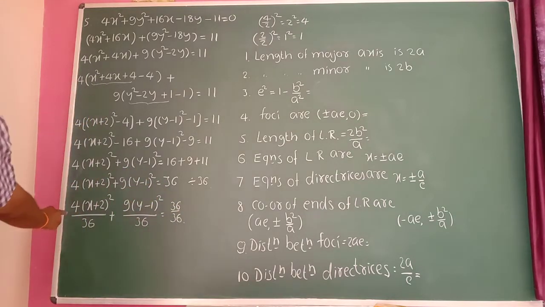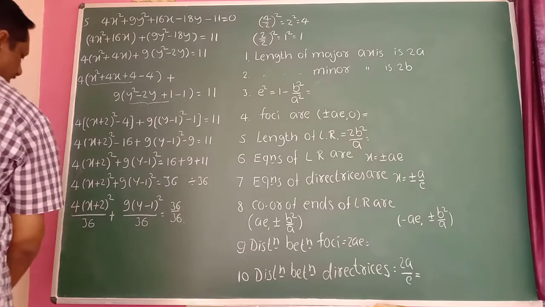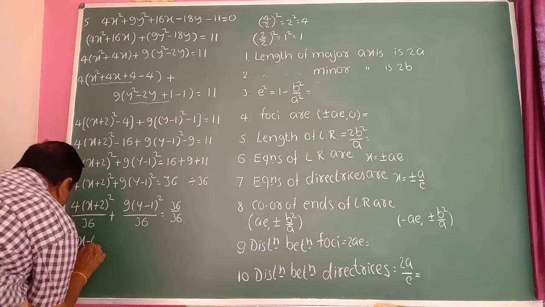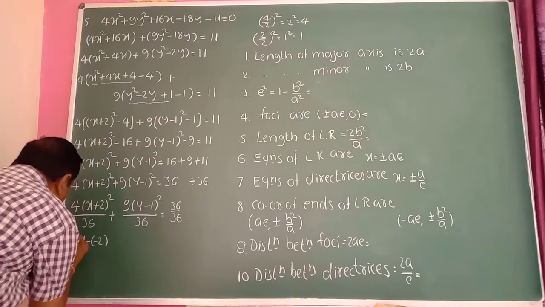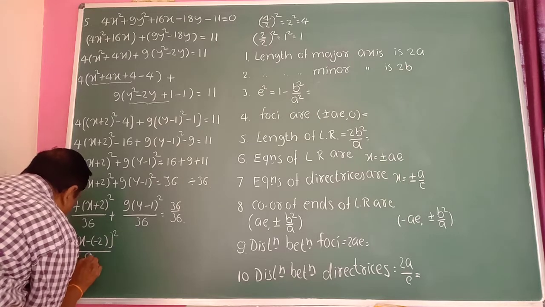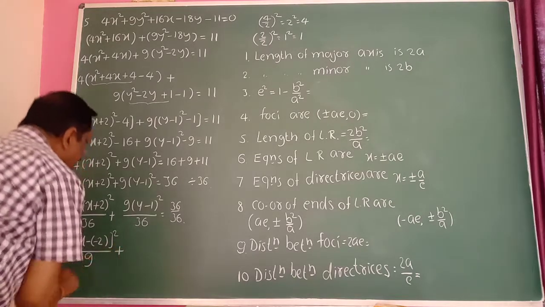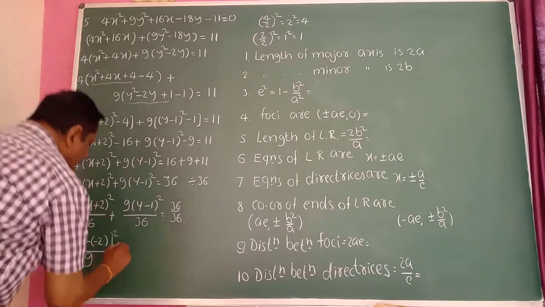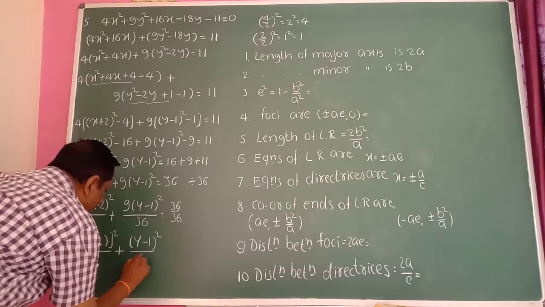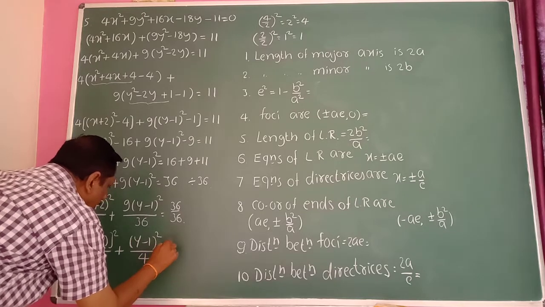The 4 9s are 36, so 4 cancels. x plus 2 we can write as x minus of minus 2, whole square divided by 9. Then plus 9 4s are 36, so 9 cancels. So y minus 1 whole square divided by 4 is equal to 1.